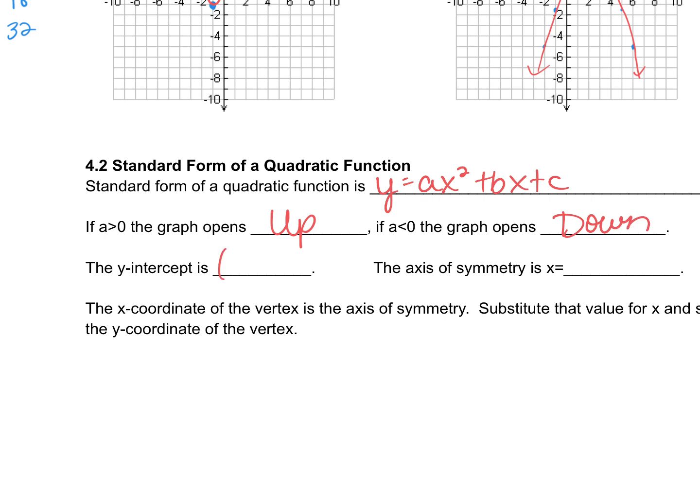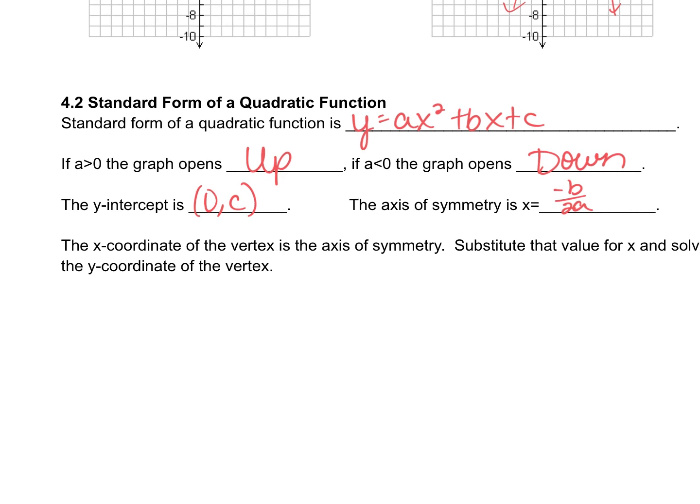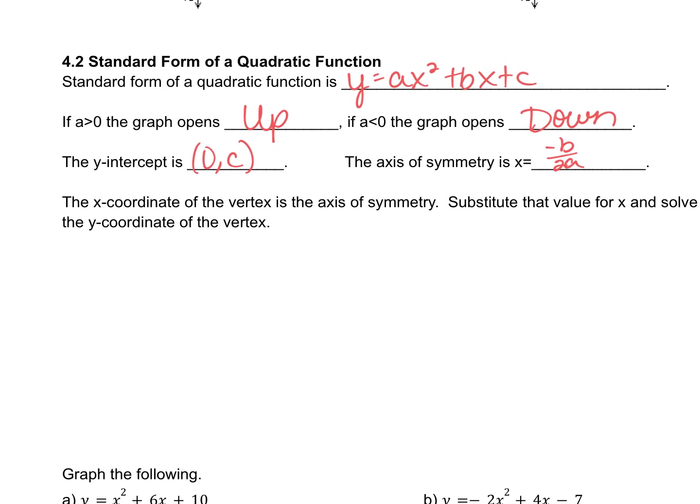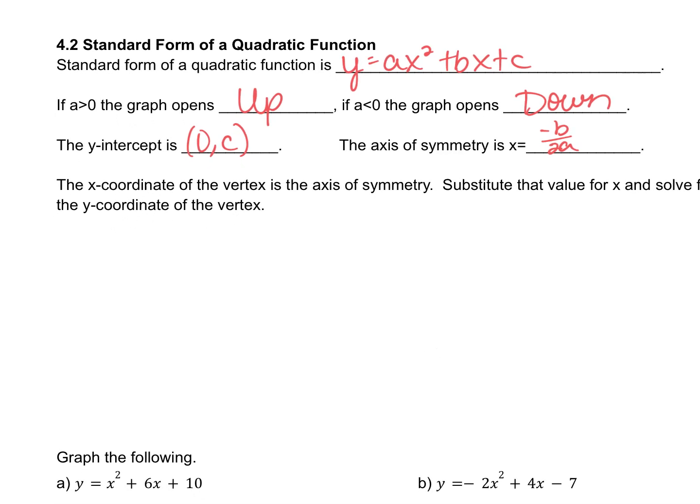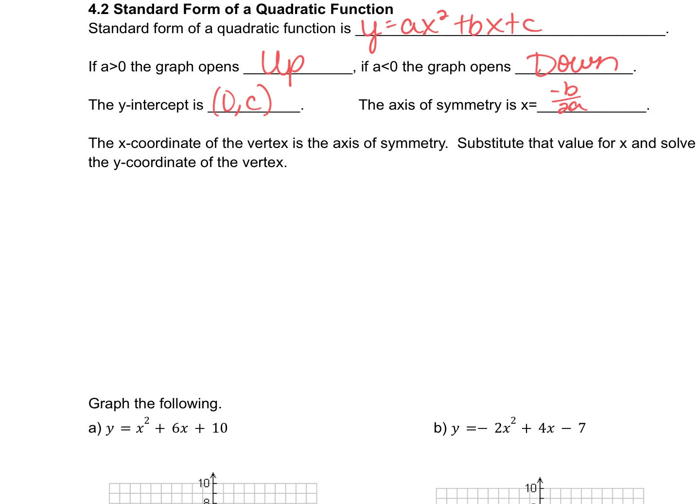Your y-intercept is always (0, c). Axis of symmetry, that formula is negative b over 2a. All right, and so the x-coordinate of your vertex is your axis of symmetry, and then you substitute that value for x and solve for the y-coordinate of the vertex.